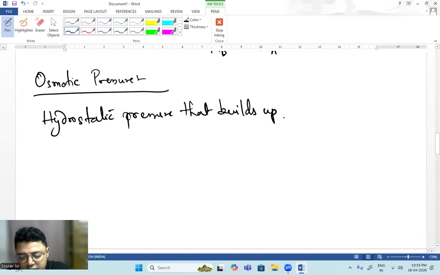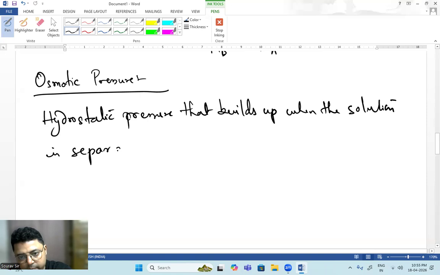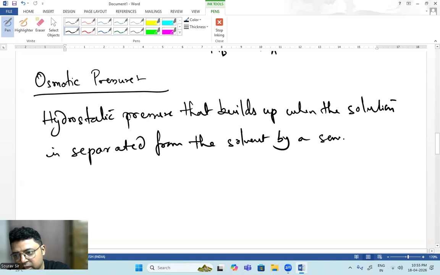It builds up when the solution is separated from the solvent by a semi-permeable membrane. Okay, semi-permeable membrane. Understood?